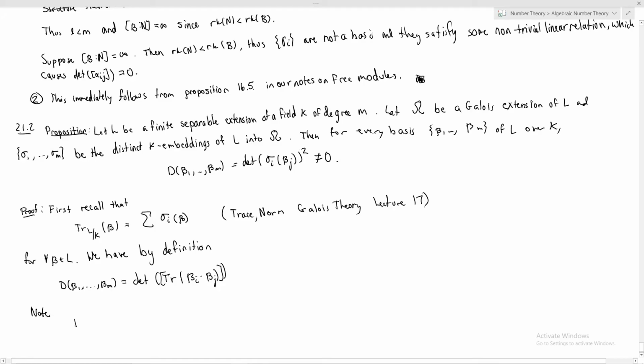Note that the trace of a product, beta i beta j, is the sum, since these things are algebra homomorphisms, they'll split over the product.